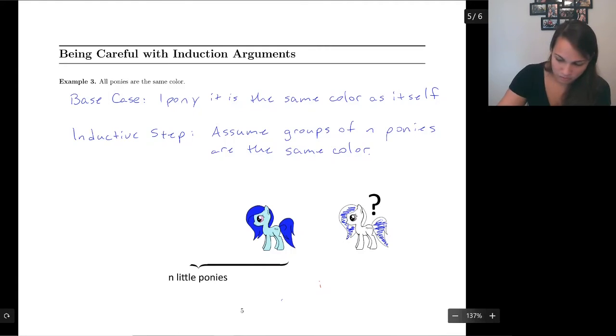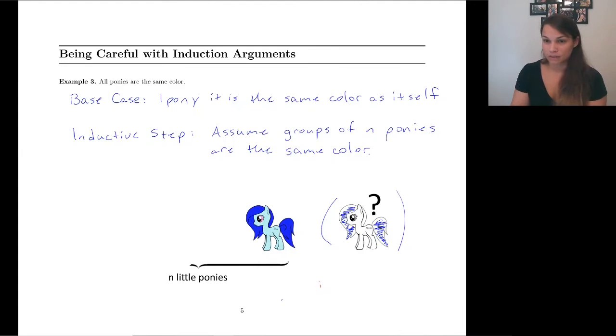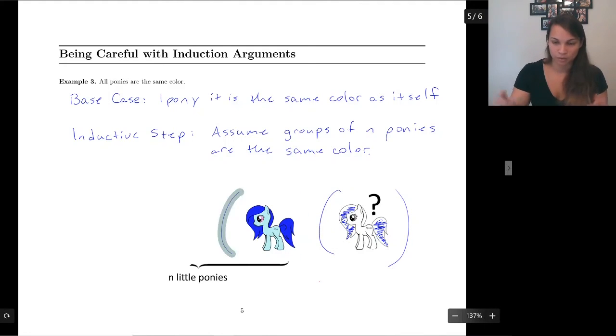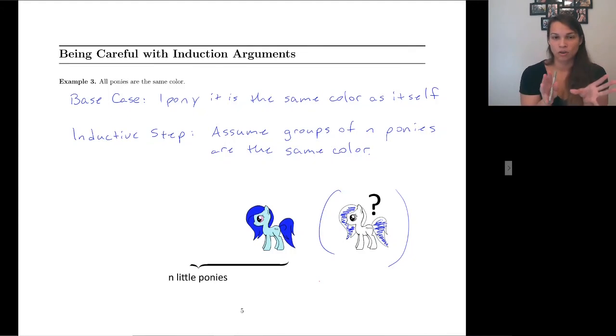If I have a group of 2 ponies, then this guy is the same color as itself, and this guy is the same color as itself. But when I try a regrouping trick, I don't have any ponies in my regroup. My entire previous group is gone. I have no ponies overlapping to adopt that color property from.